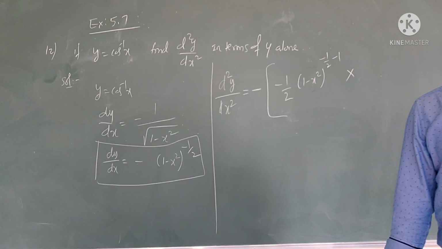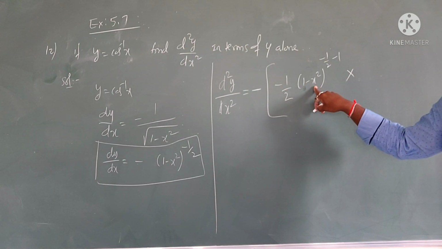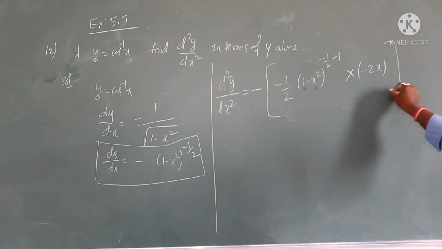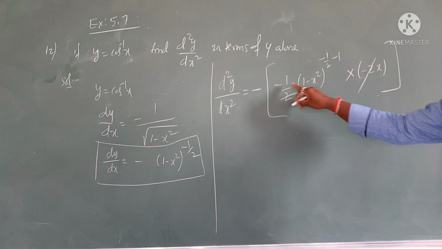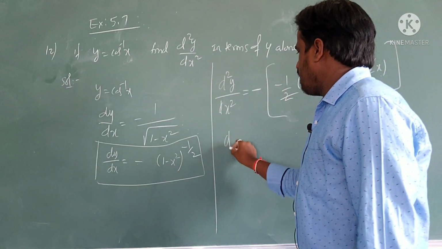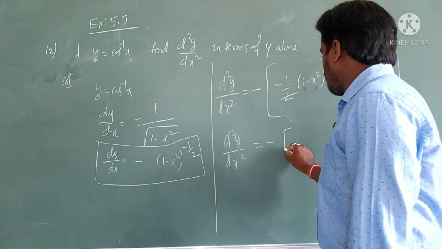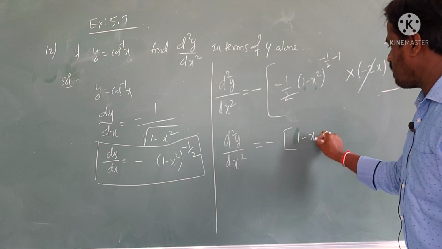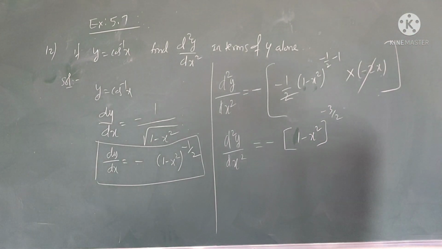So 1 minus x square: differentiation of 1 is 0, minus x square differentiation is minus 2x. Did you understand? So 2 and 2 get cancelled out. The minus into minus gives plus. So d2y by dx square is equal to minus half into minus of 1 minus x square to the power of minus 3 by 2. Is that correct?